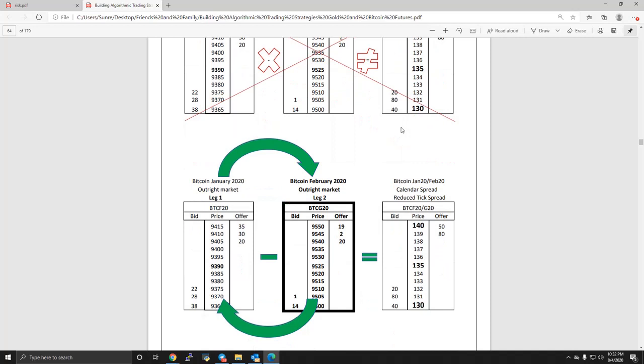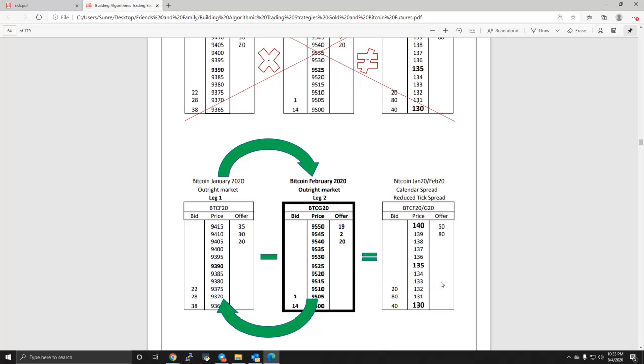Now in Bitcoin, and I do believe there's a few other calendar spreads at the CME that have this unconventional calendar spread pricing, although it is very rare. Most of the calendar spreads are priced leg 1 minus leg 2, but in Bitcoin it's leg 2 minus leg 1 equals the calendar spread. And this just simply needs to be accepted.